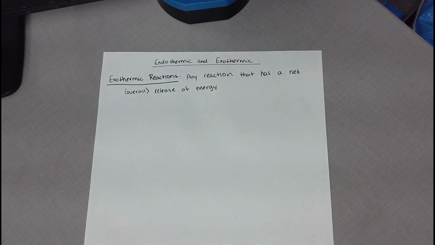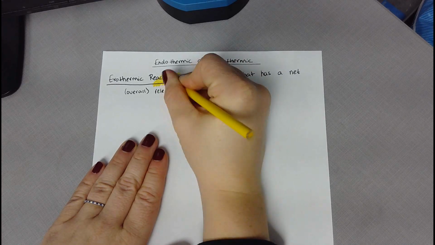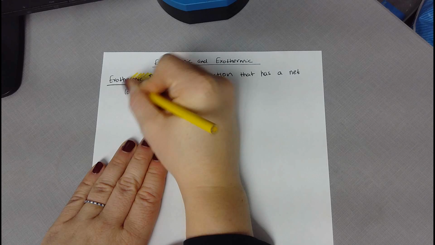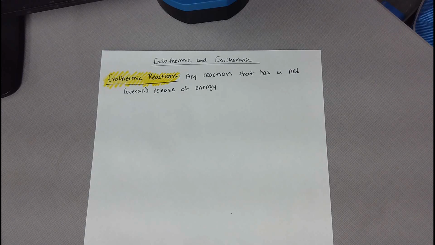Now, exothermic is one of our key vocabulary terms, so you are going to want to go ahead and highlight that. I'm going to use a yellow colored pencil because when you highlight with a marker, it smudges, but you'll use your highlighter. So that's our first term for today, exothermic, exit.